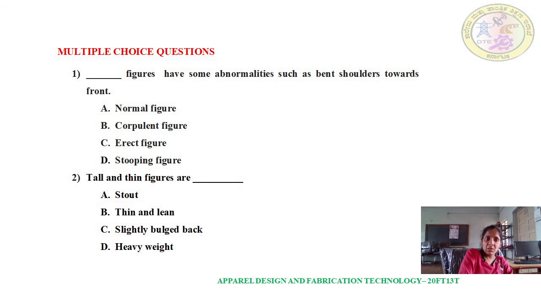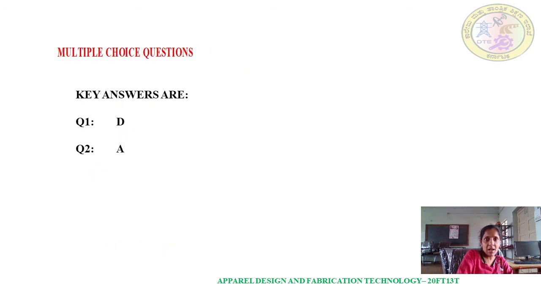Second question: tall and thin figures are dash. Options are stout, thin and lean, slightly bulged back, then heavy weight. Now let us see the answers. Question number 1, the option is D. Question number 2, the option is A.